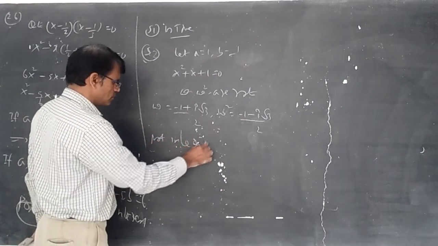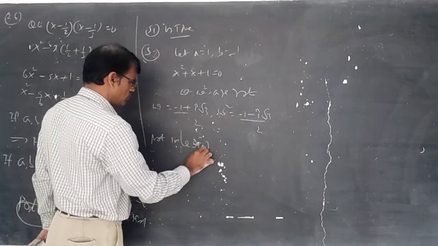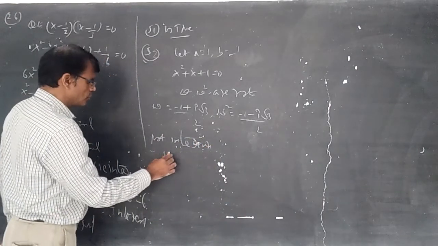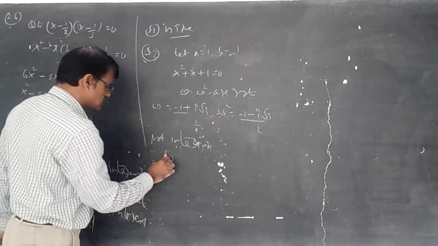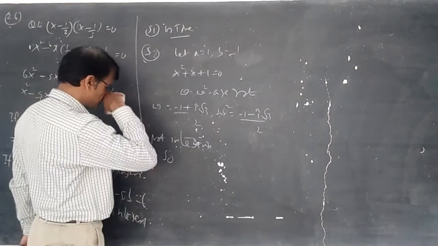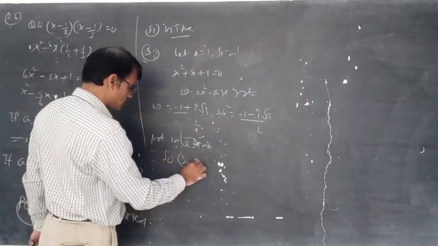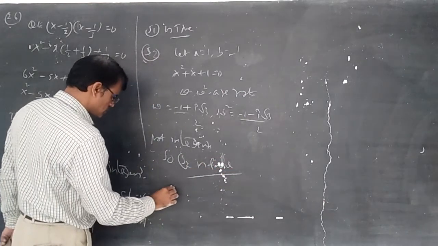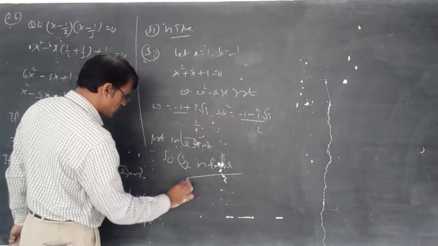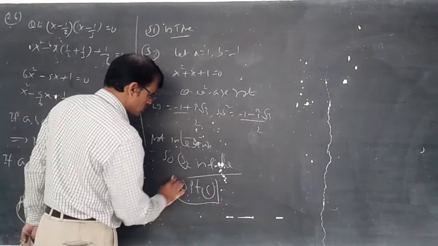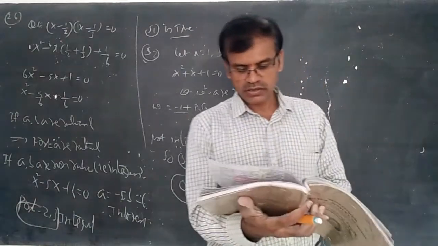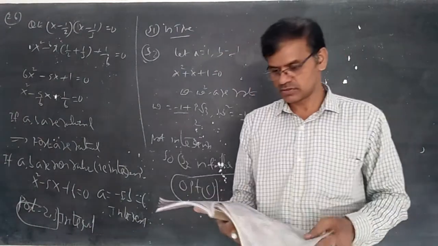Omega and omega square are conjugate complex numbers. So S2 is false. So option C: S1 is true and S2 is false.